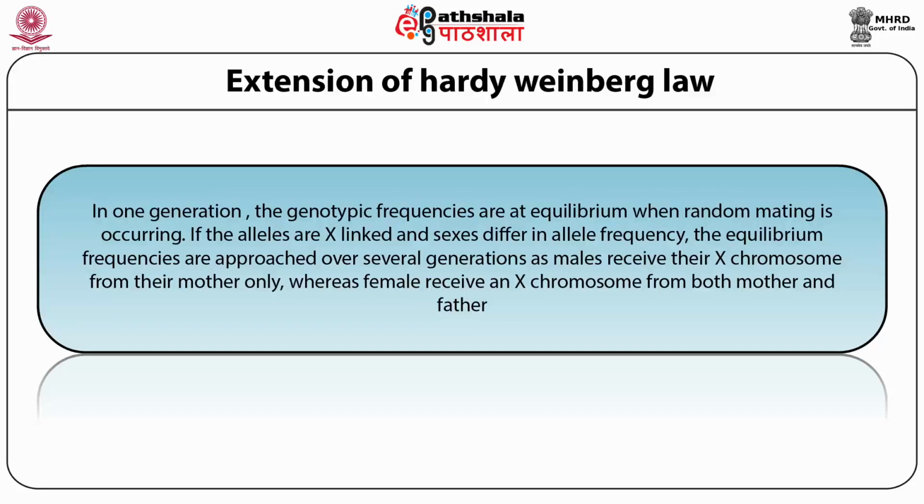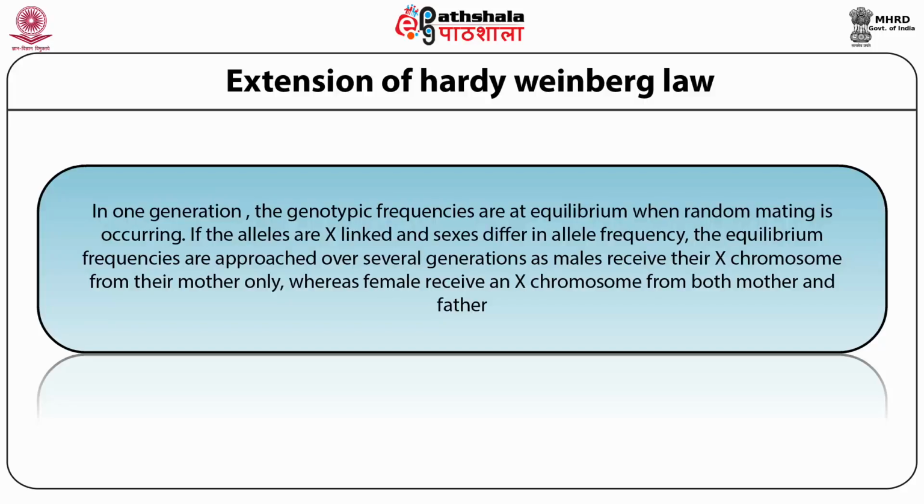To calculate the allele frequencies from the number of genotypes, we count up the number of copies of an allele by adding twice the number of homozygotes to the number of heterozygotes that possess the allele, and divide the sum by twice the number of individuals in the sample.